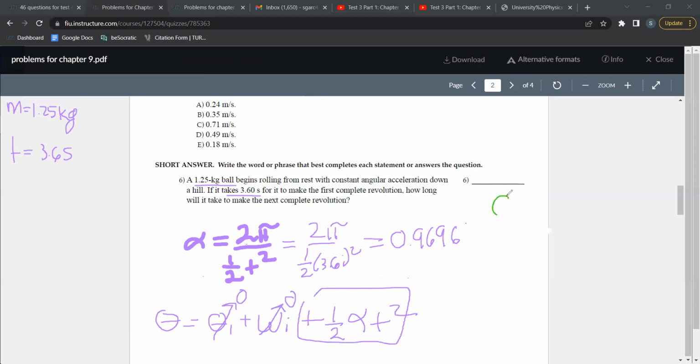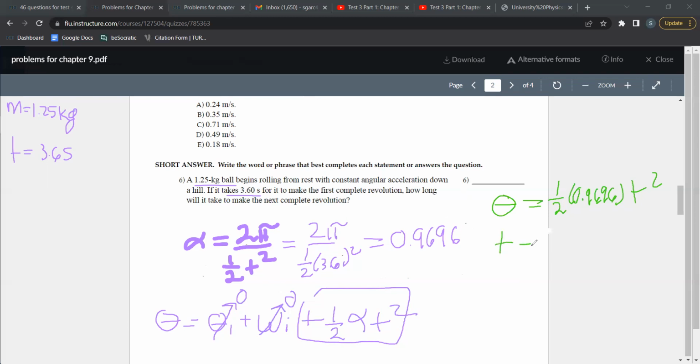So we have our angle is equal to 1/2 of alpha, which is 0.9696, times t squared. And our original angle was what?